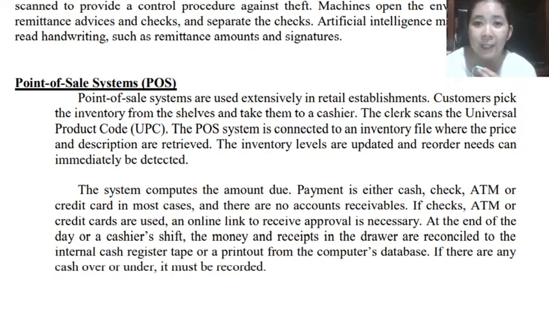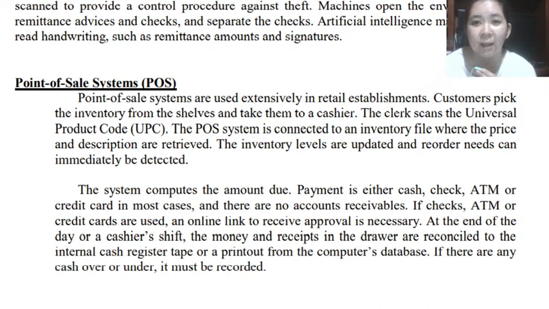And then the clerk will scan the Universal Product Code or UPC, and then the POS system is connected to an inventory master file or database where the price and the description will be retrieved, and the inventory levels are updated once this UPC is scanned.